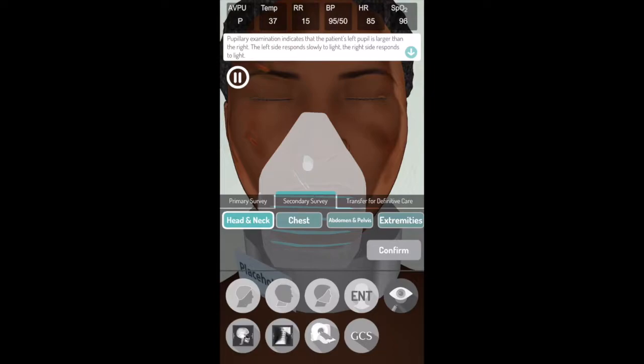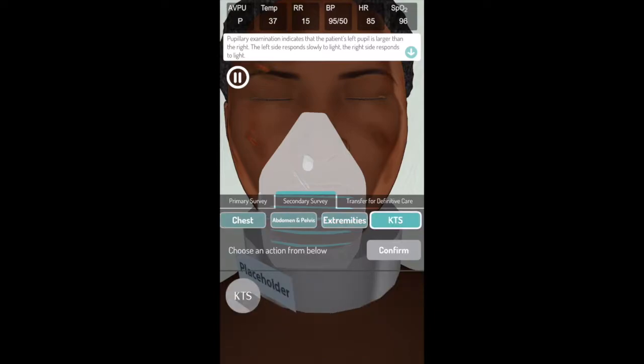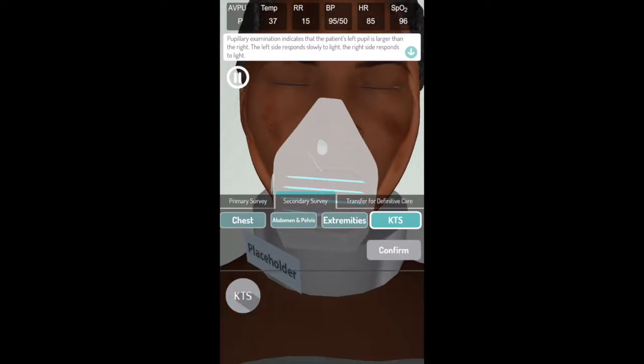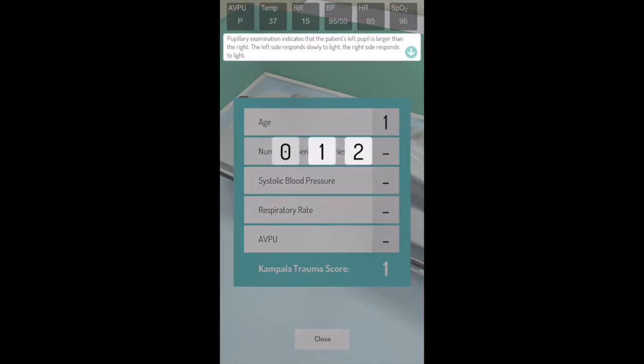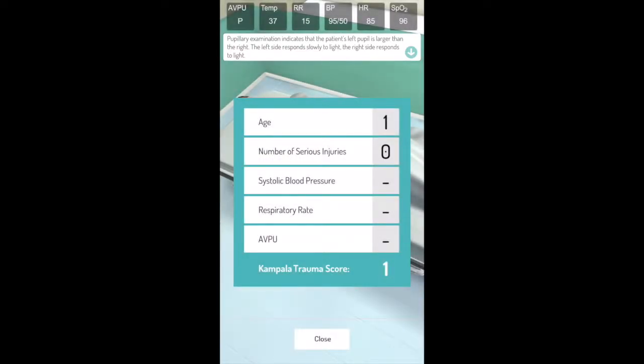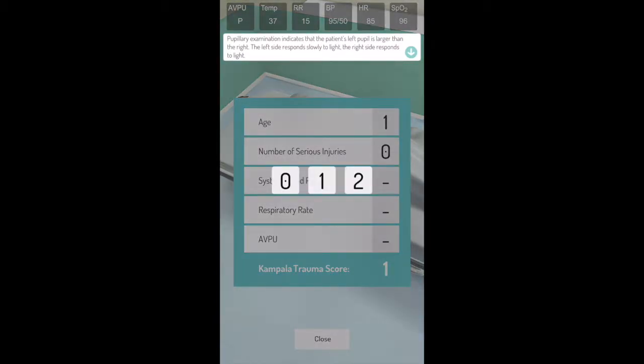So we have a serious head injury, but we have a salvageable patient. We can assess the overall trauma status using the simplification of TRIS, the Kampala Trauma Score, which is used in Africa and actually in rural Quebec as well. She's 40, she gets 1 point for that. She has 2 serious injuries, so she's a multi-traumatized patient, and so she has 0 points in this dimension.